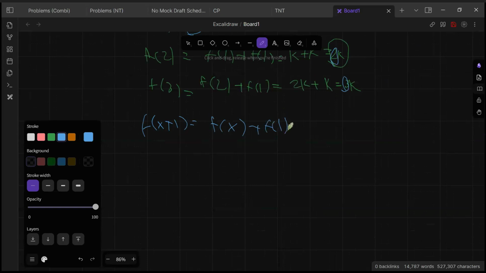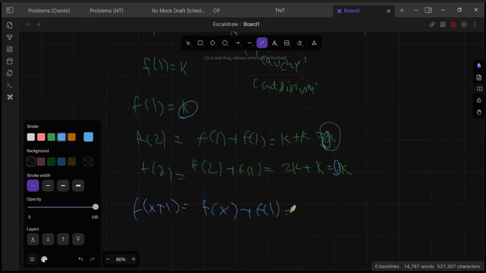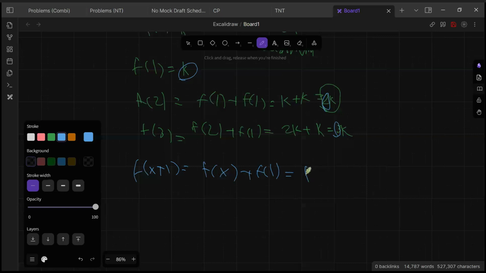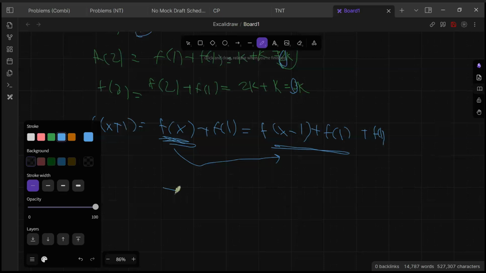And this is going to be f of x minus 1 plus f of 1 plus f of 1. We're expanding f of x now. And so on and so forth. We'll eventually get f of 1 plus f of 1 plus f of 1 plus dot dot dot plus f of 1. This is going to appear x plus 1 times.